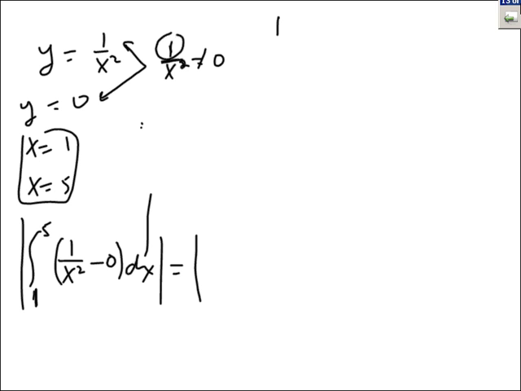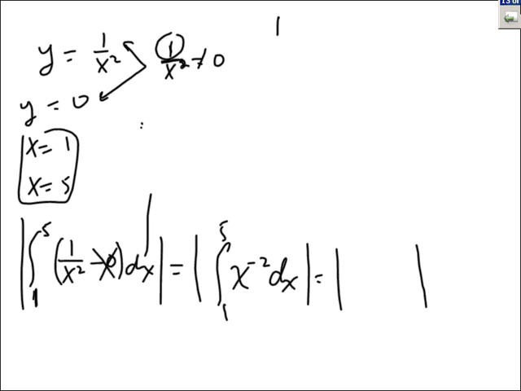Alright, so 1 over x squared minus 0 is just 1 over x squared. But 1 over x squared is x to the negative 2. I did that because now it's easier for me to integrate from 1 to 5. I add 1 to the power, and I divide by that power, and I go from 1 to 5.